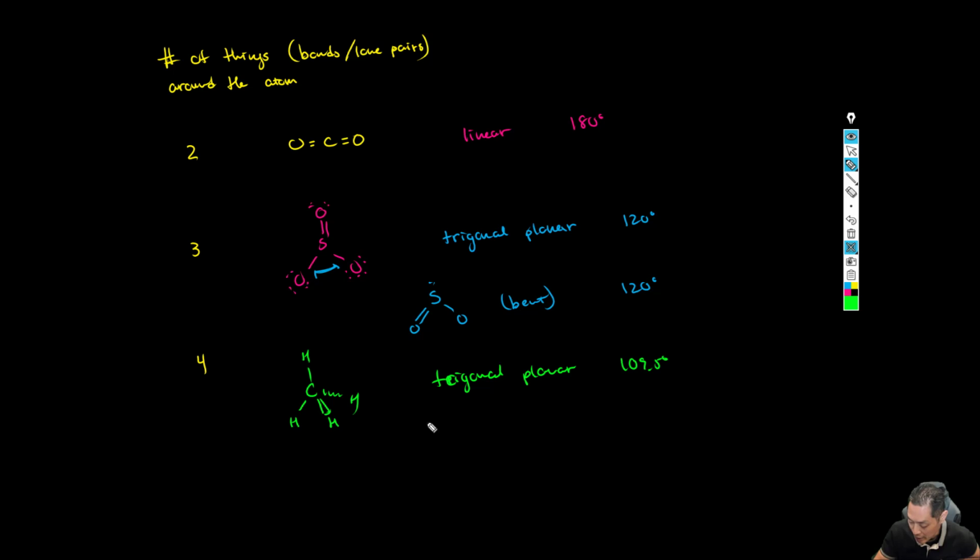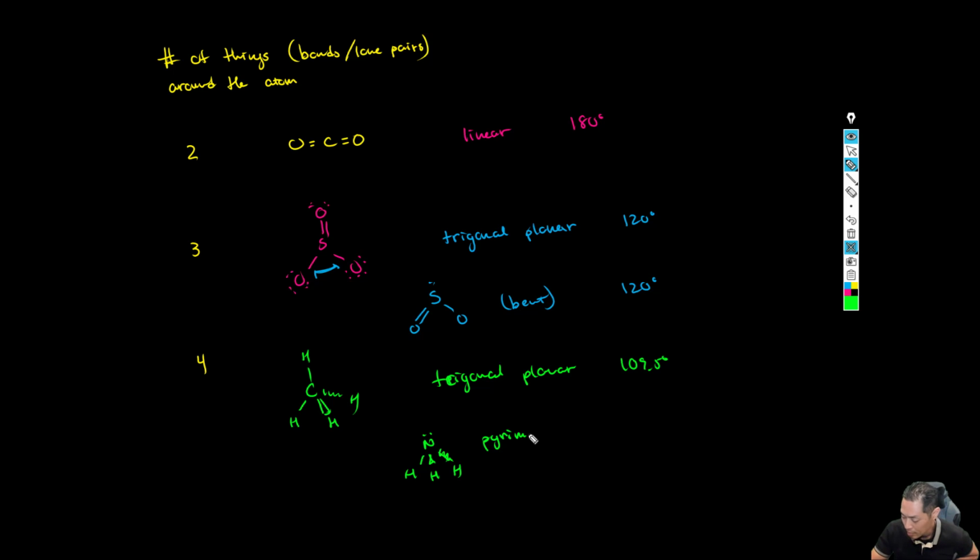Now if you have a lone pair, so if one of them was a lone pair, so let me try to think, NH3. Then this is a pyramidal. How do you spell it? Can never spell it correctly.